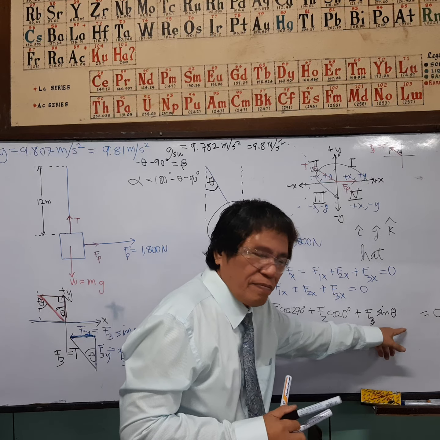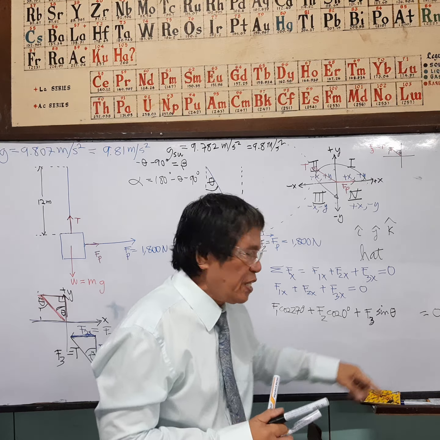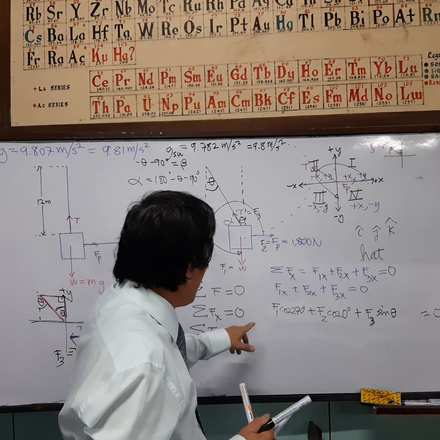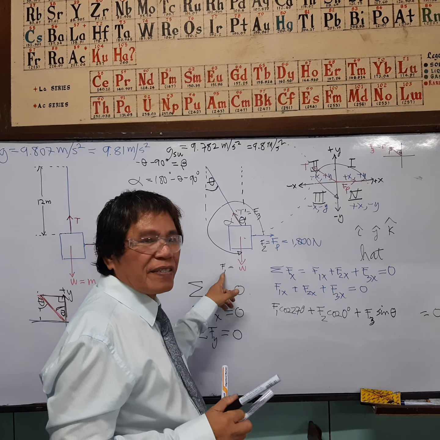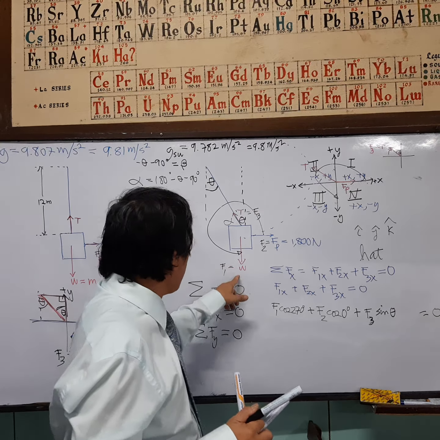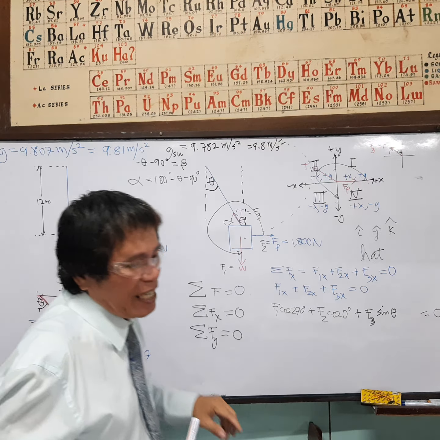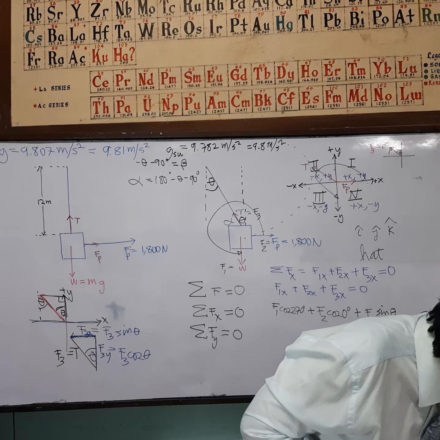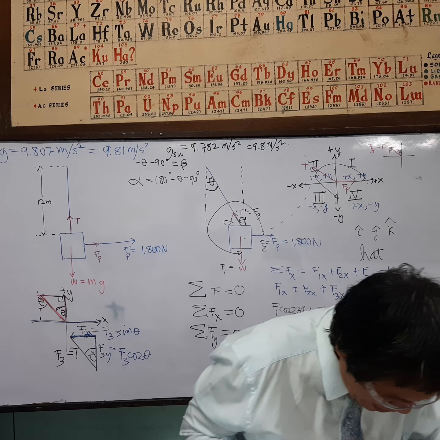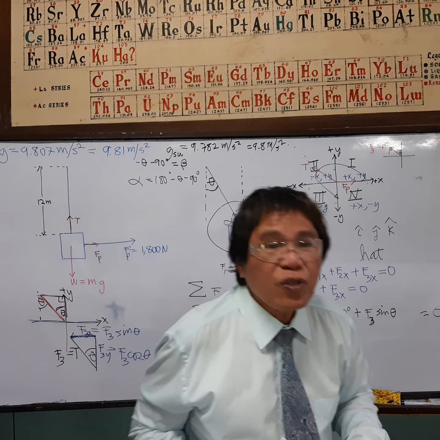Then let us have the substitution here. Our F1 equals the weight. Weight equals M times G. M is the mass, 2,000 kilograms.